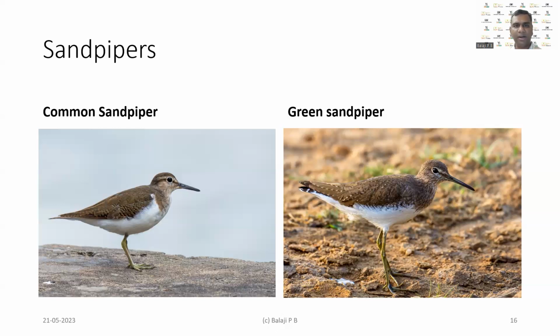The second aspect is that if you look at the lower body, in the wings of the common sandpiper there's a peak-like shape, which is not there in the green sandpiper. In fact, the common sandpiper is the only sandpiper which has this kind of a feature. So this is the main differentiating factor of the common sandpiper from all the other sandpipers.